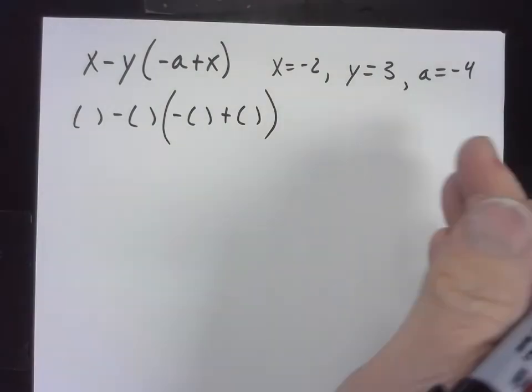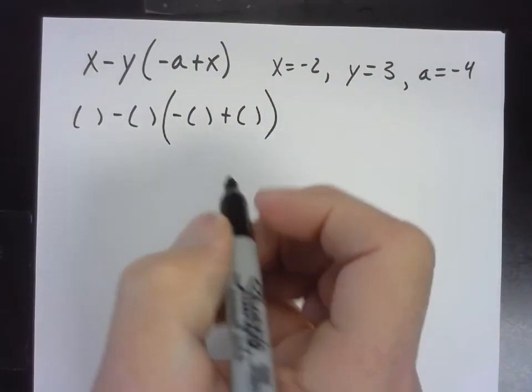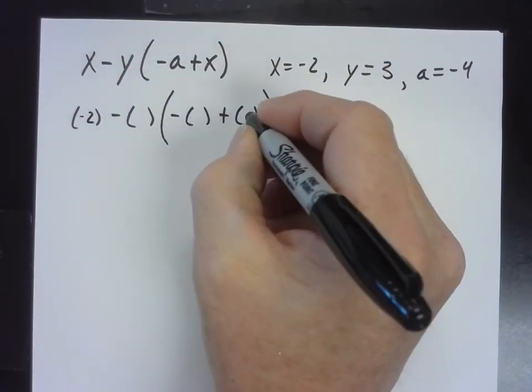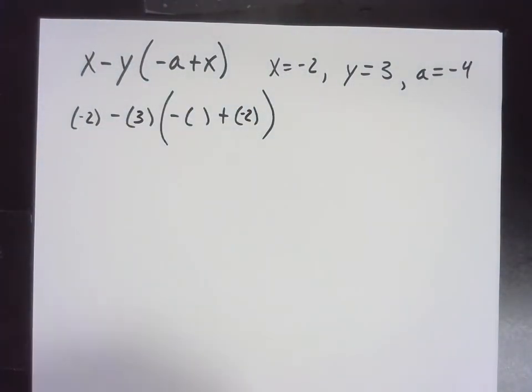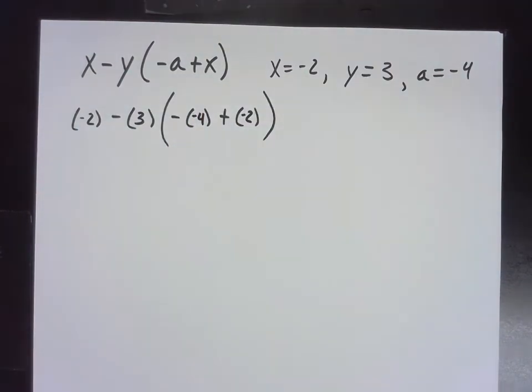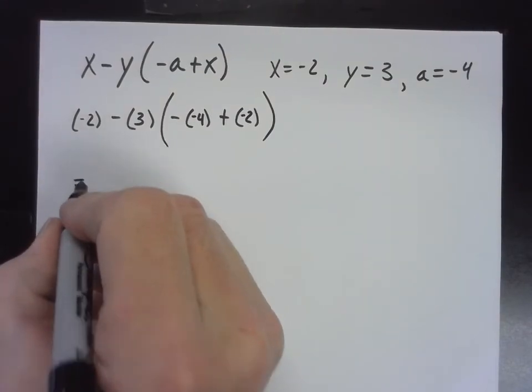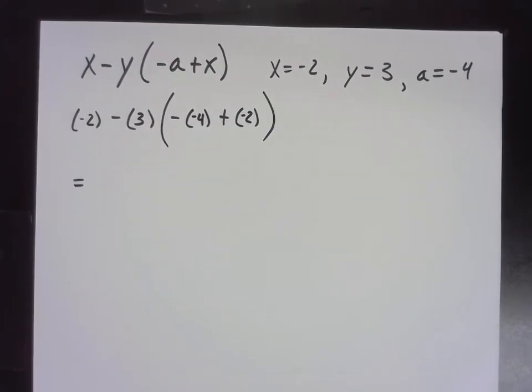Just do this. Then go back and say, okay, x is -2, y is 3, and a is -4. Everyone happy with that? Now, let's start working this problem out.